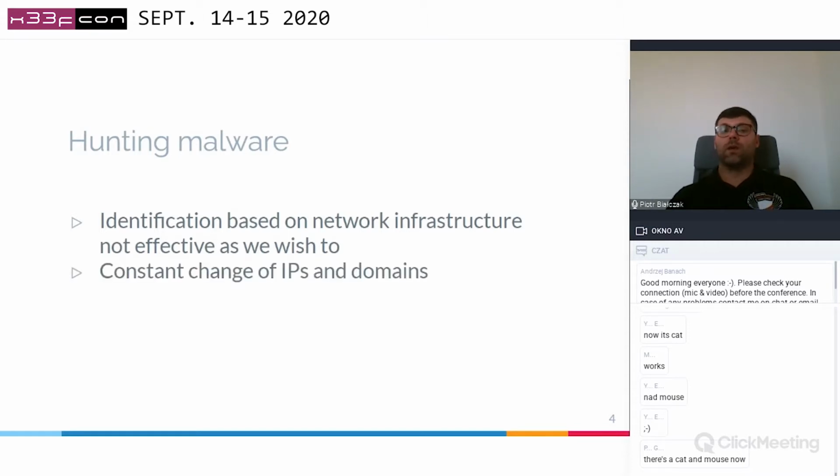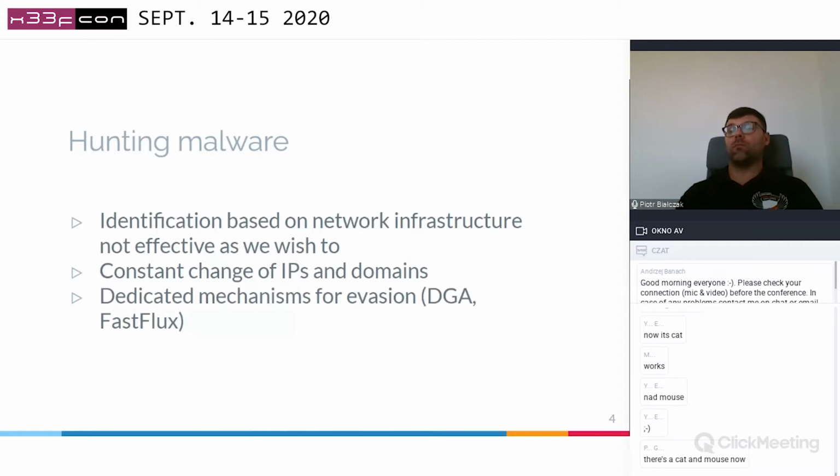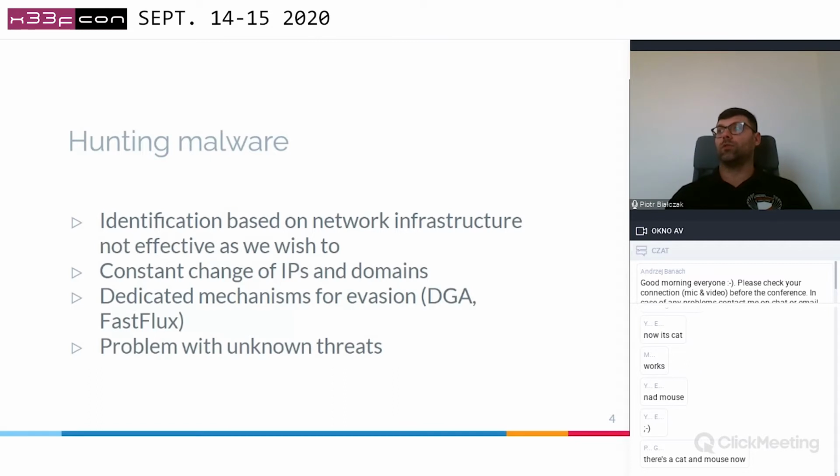IPs and domains constantly change, and malware developers introduce dedicated mechanisms for evasion, like DGA, fast flux, all these things. These things may be effective when we know the threats, but when we encounter an unknown threat, these lists are useless.